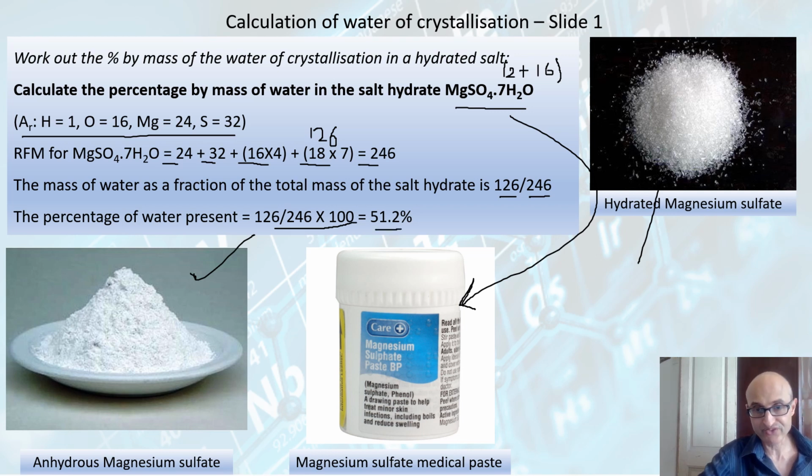So what this means is that the compound magnesium sulfate 7 water is by mass 51.2% water. So the water component is actually a bit greater than the contribution of the compound itself. Let's now go on to the next final calculation for this presentation.